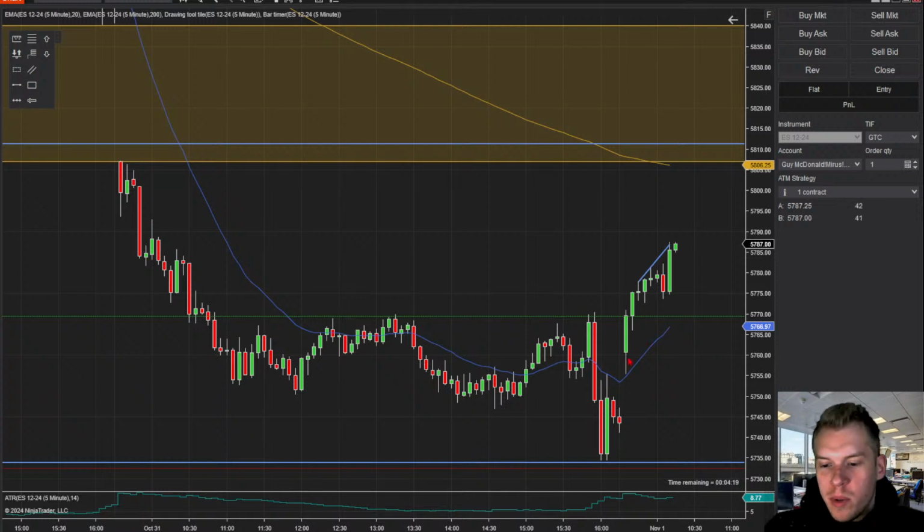So we're still on the open. We're still in that category of 50% of moves on the open reverse. This is still a move on the open.